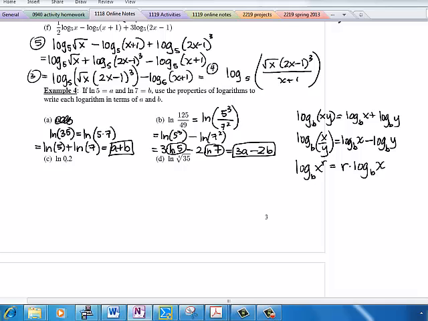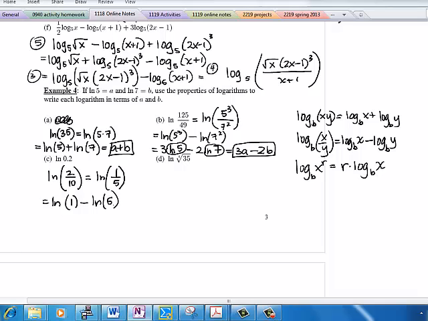In example C, we want to think, how is 0.2 related to 7 or 5? 0.2 is the same as 2/10, which is the same then as 1/5. So we could think, well, that's the natural log of, either write it as 5 to the negative 1 or natural log of 1 minus natural log of 5.